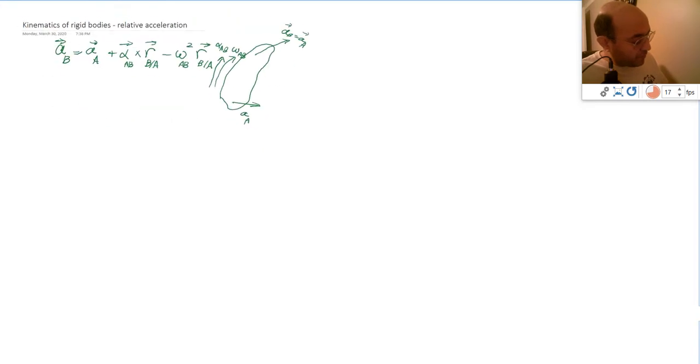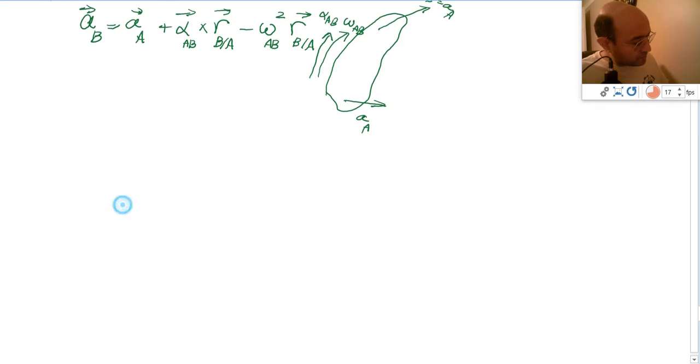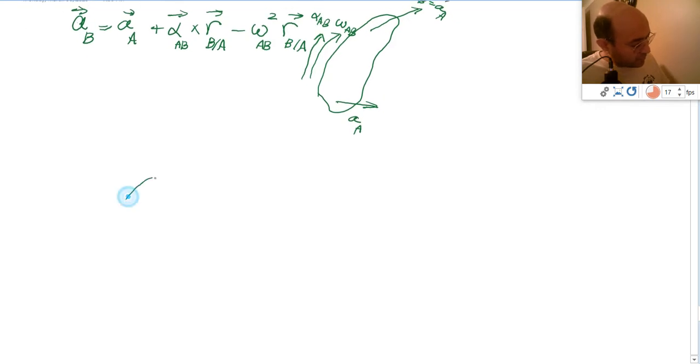In this problem, I have a wheel, the center is fixed, that's point A, and I want to find acceleration of point B at the angle of 30 degrees.